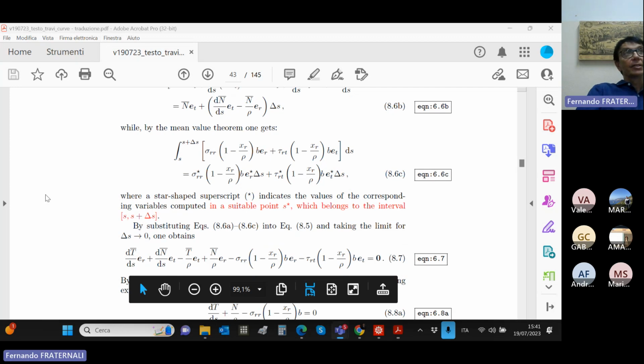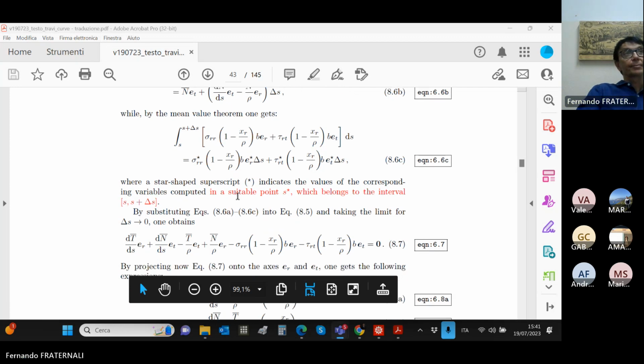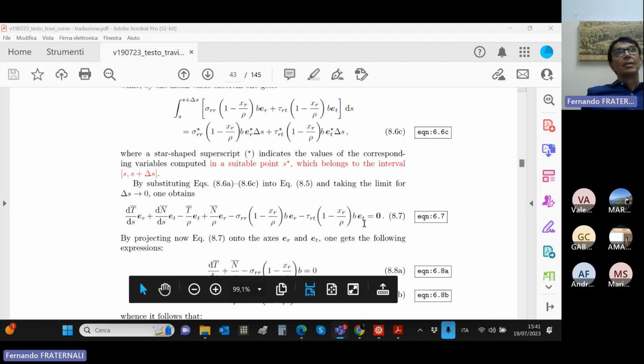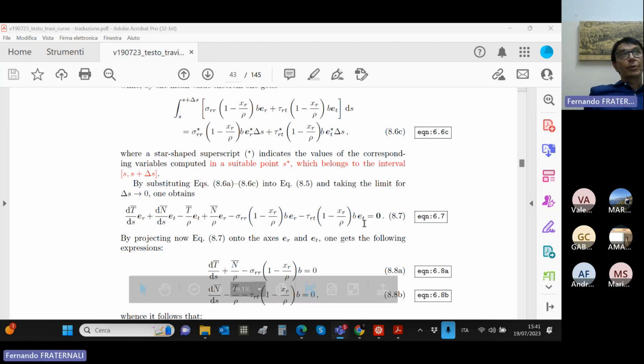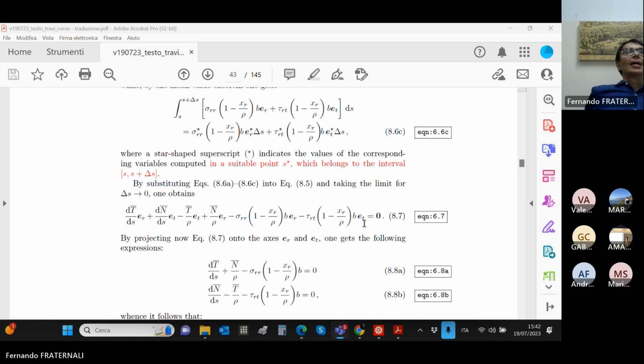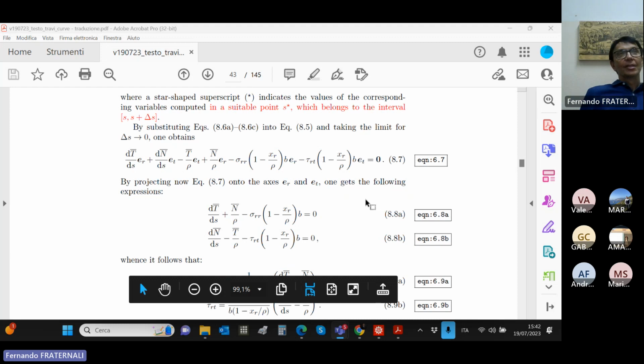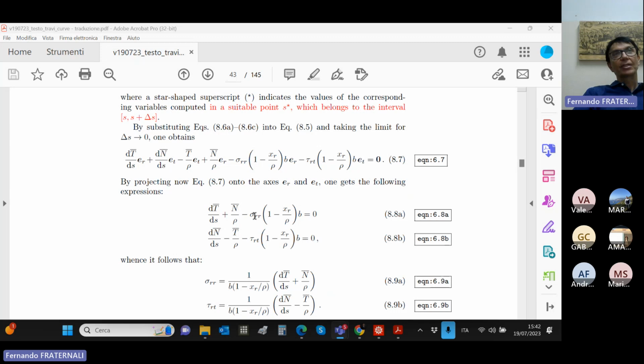If we do this, we obtain this limit equation, which can be split in two scalar equations along the axes ER and ET. And so we have these two equations that we will use to obtain the expression of sigma RR and tau RT.